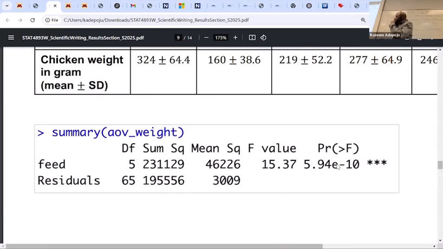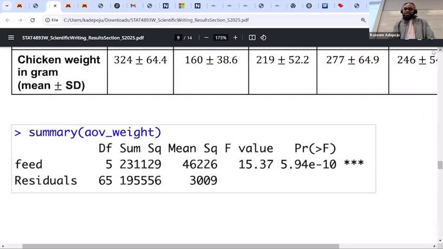We just compare different levels of feed in giving weight to chickens, right? And the p-value is telling us that we should reject the null hypothesis. Now how are we going to know where the difference lies?